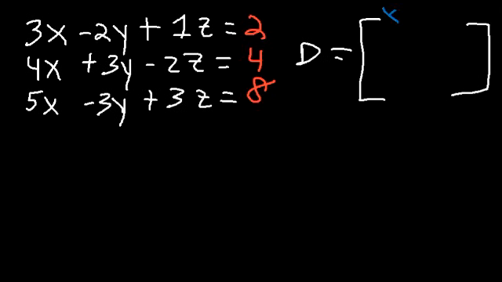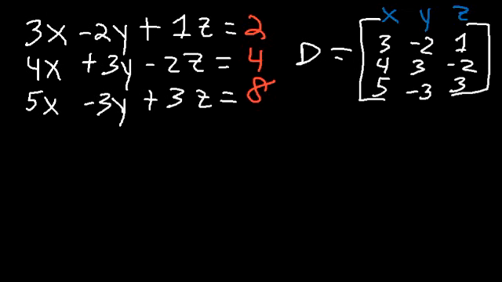So we have x, y, and z. The coefficients for x are 3, 4, and 5. And the coefficients for y are -2, 3, and -3. And for z, it's 1, -2, and 3. So now we need to evaluate the determinant for that 3x3 matrix.